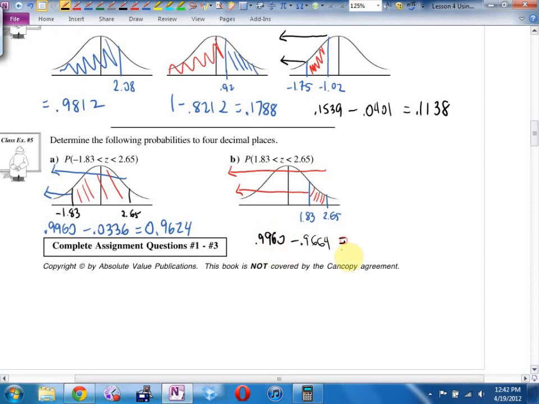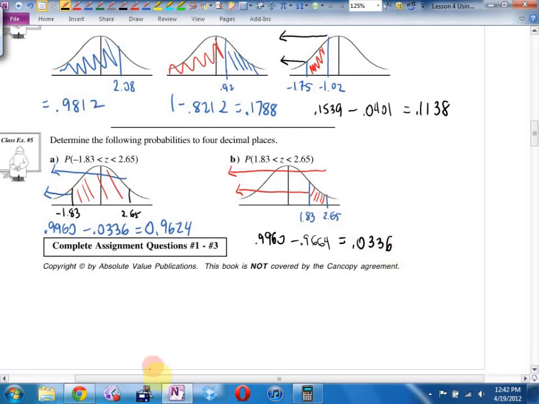Okay. What do you get when you go 0.9960 minus 0.9664? 0.0336? No, I'm wrong. Isn't it that?